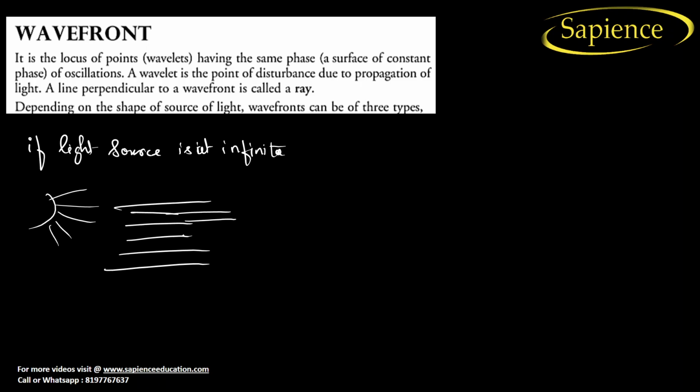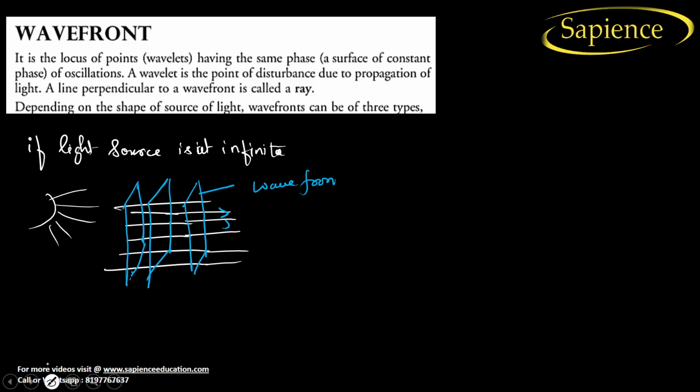Then what type of wavefront will be created? The wavefront will be like a plane. This is your wavefront, and the light rays are always perpendicular to the wavefront. So I hope you have understood.